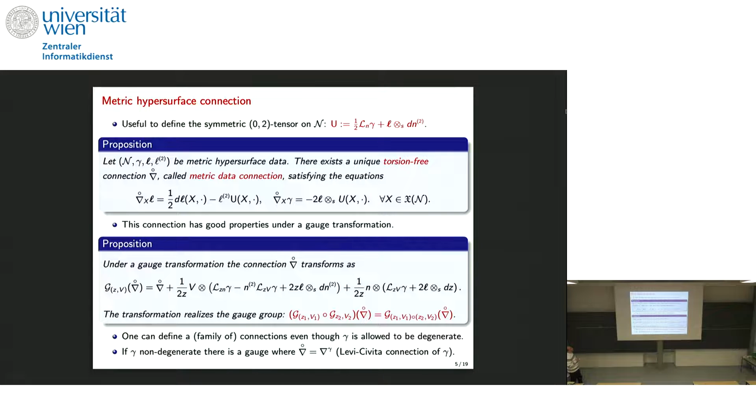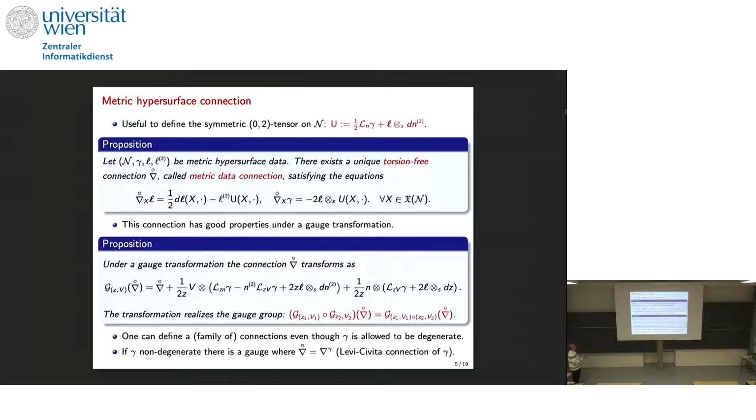So if I take one of such connections and do a gauge transformation with parameters Z2, V2, and then do another transformation with parameters Z1, V1, the result turns out to be the same as doing the transformation with the composed element.